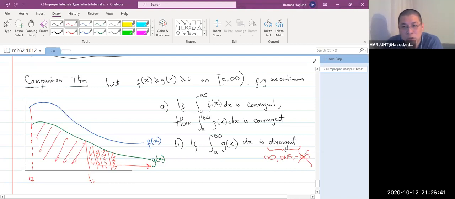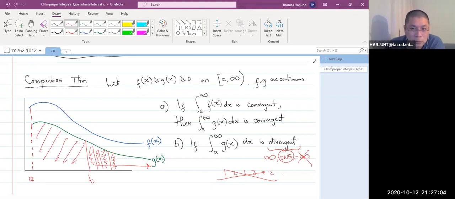And when we say does not exist, it refers to the case where it's oscillating plus minus, or oscillating 1, 2, 1, 2, 1, 2, for example. But it's impossible. You keep on adding a positive number, and the area can only increase. Now, if it can only increase, either it increases to a certain number, therefore it's convergent, or if it is divergent, that can only be divergent to infinity. But here you need to have some instinct though.